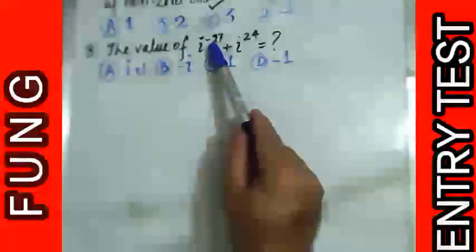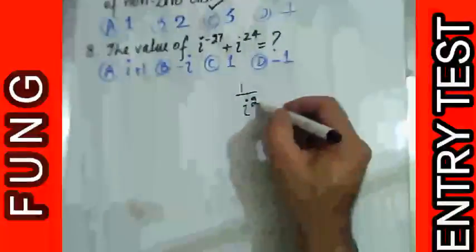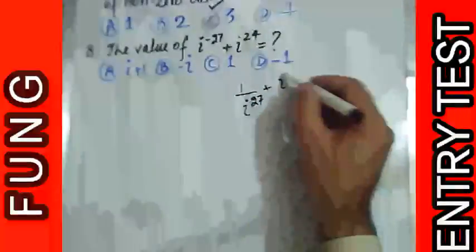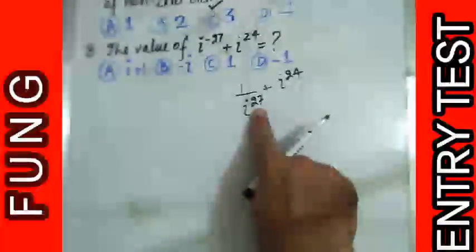So dear student, let's talk about the next question. The next question is the value of iota power minus 27 plus iota power 24. What is it equal to? We can see that this can be written as 1 by iota 27 plus iota 24. One thing we must know is, when 27 is divided by 4, what is left?